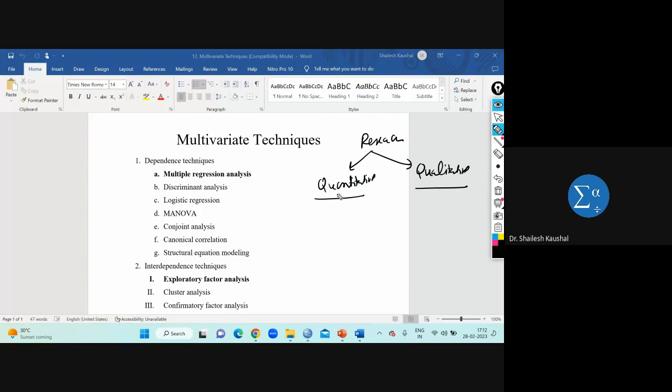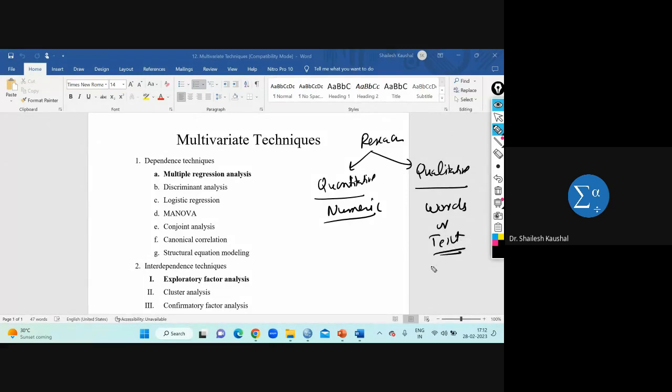In quantitative research, we can express our data in terms of numeric data, and in qualitative research our data is in the form of words or text.